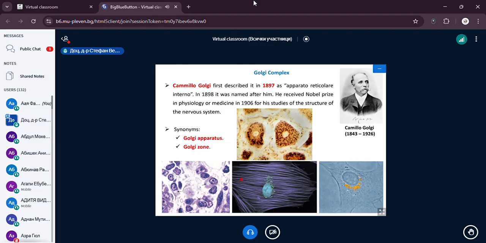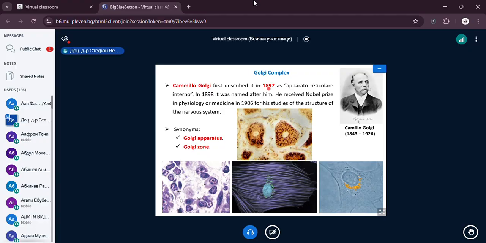Golgi apparatus, Golgi network, Golgi complex, Golgi zone, these are all synonymous terms to describe the same organelle, which was described for the first time by the Italian scientist Camillo Golgi. He described the apparato reticulare interno in 1897.